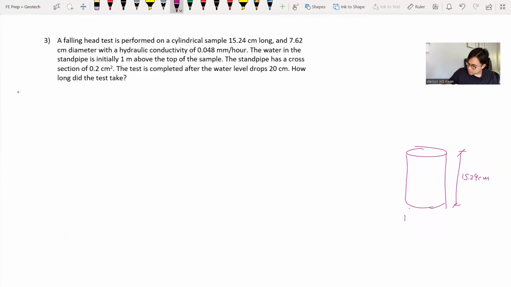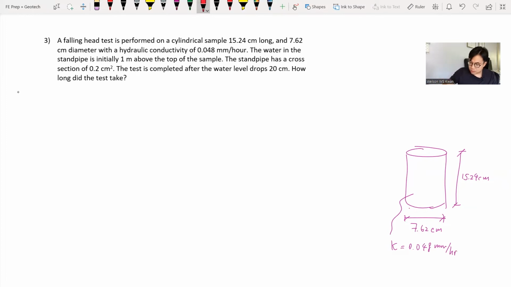The diameter given is 7.62 centimeters. And the hydraulic conductivity of the soil sample is known, which is 0.048 millimeters per hour. And this is a falling head test.